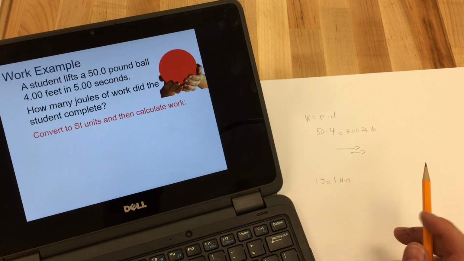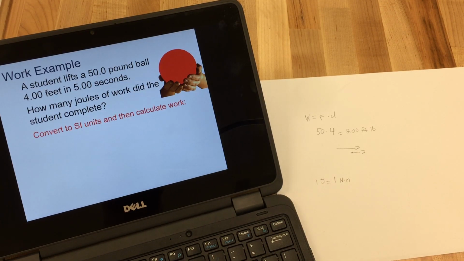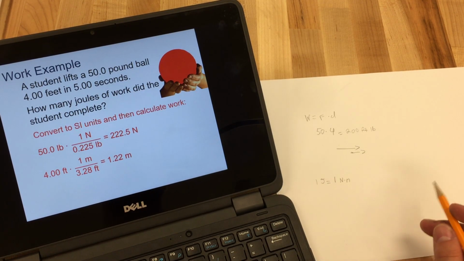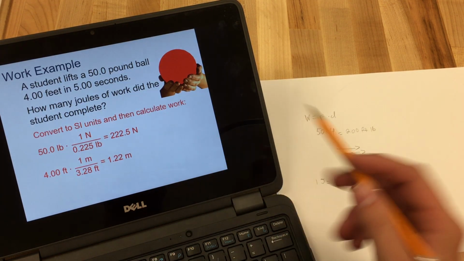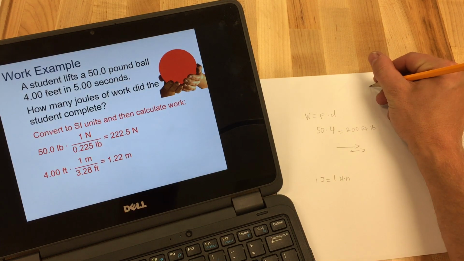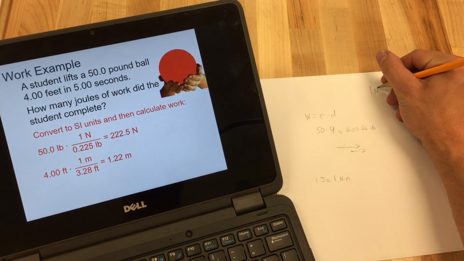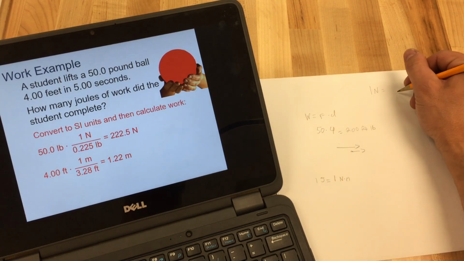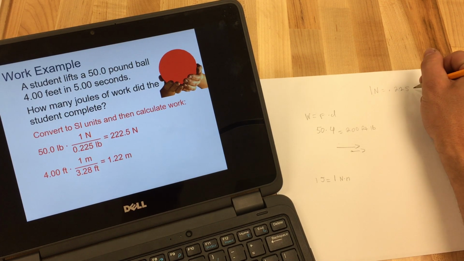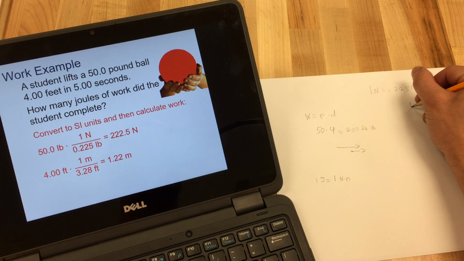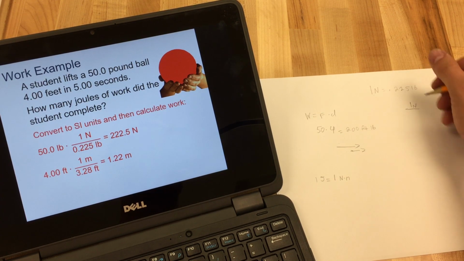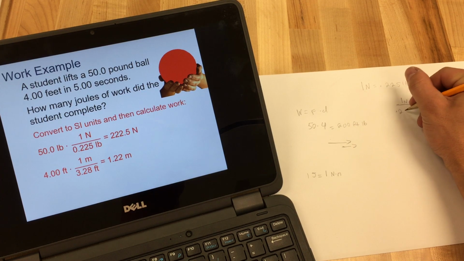Okay, so how many joules of work did the student complete? So we have to convert to joules first. In this case, and if you guys look at your formula sheets, this formula is on your formula sheet, 1 Newton is equal to 0.225 pounds. Or your conversion factor is 1 Newton over 0.225 pounds.